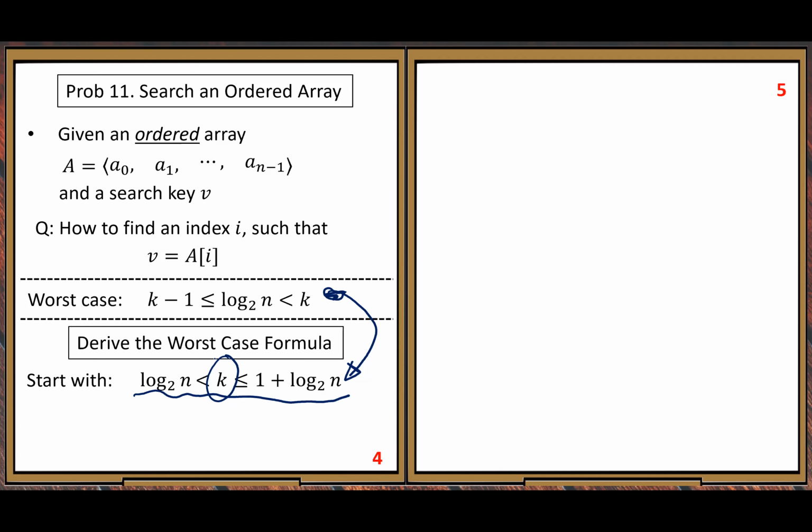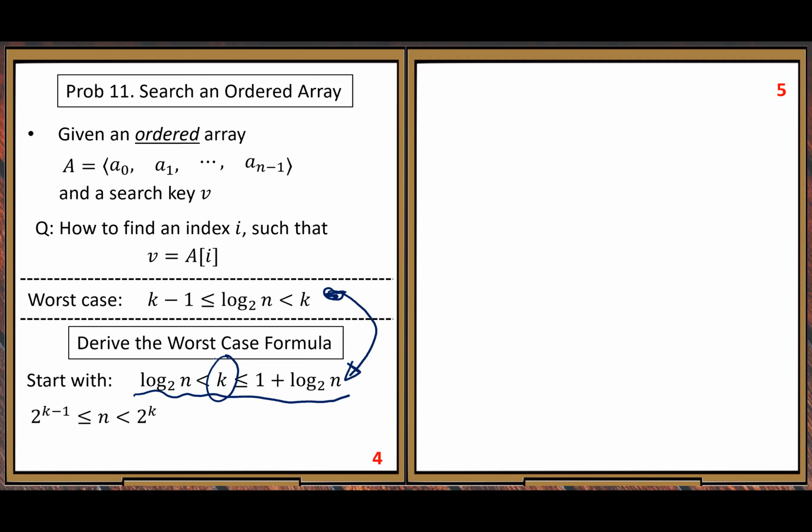So we want to find an equality, because with that equality, there is no uncertainty. Everything is clear. So we need to write it as an equality.